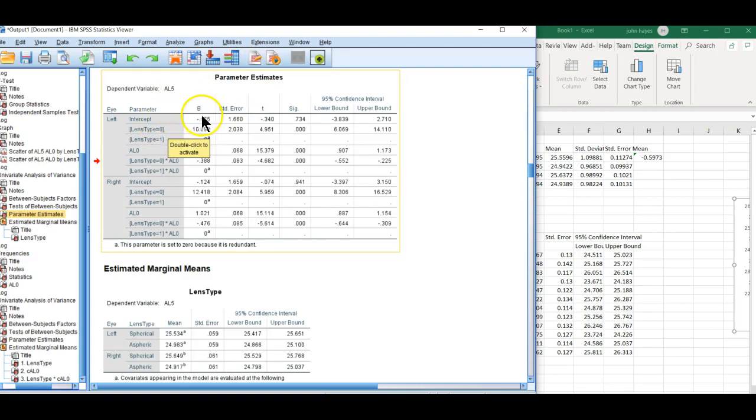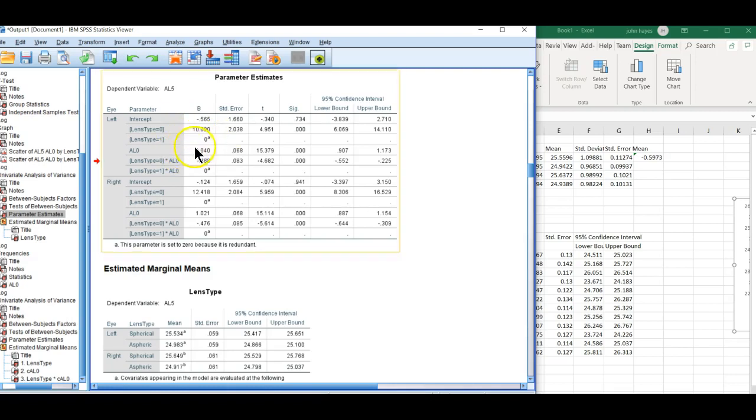There's an intercept, that's A, plus B1, which is lens type 0, times lens type 0. And then this is a dummy variable. So if we were going to predict the value of the aspheric lens, we wouldn't add this. If we have a spherical lens, we add 10.09.